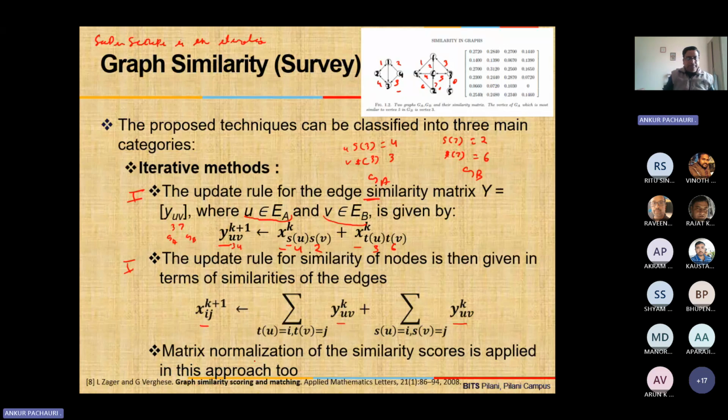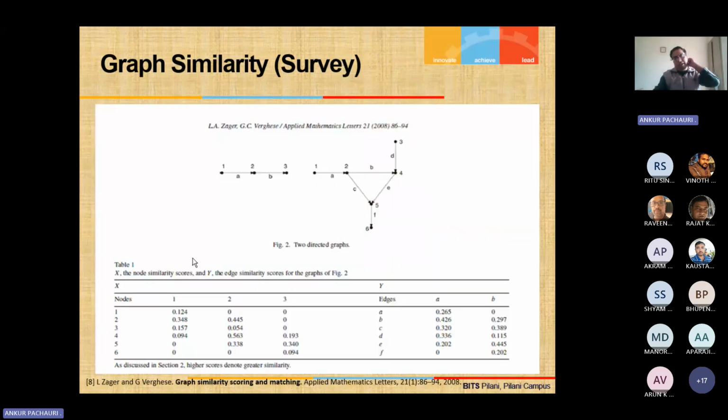Okay. So TU, TV, SU, SV. Based on that, this value was updated. So this was a comparatively better approach in which we end up getting two different matrices. This is the node similarity, and this is the edge similarity matrix.